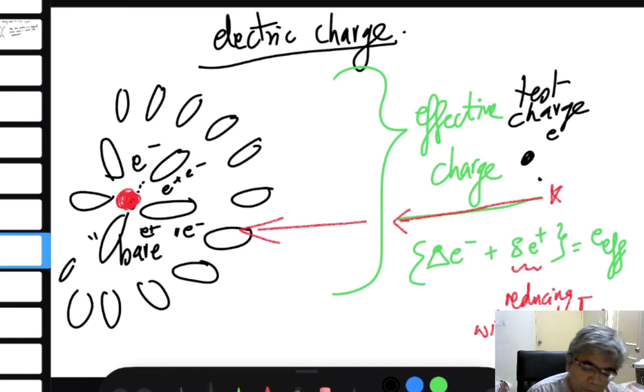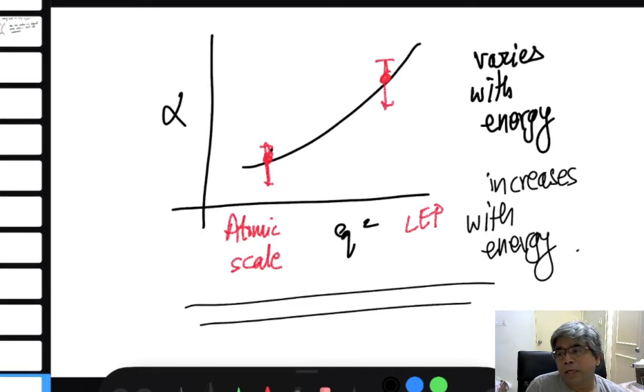What we have learned today is that higher order corrections in QED are extremely important, and the theory of QED is renormalizable. It's a renormalizable theory because it has enough number of parameters to absorb the infinities generated at higher order, and these higher order corrections are extremely important.